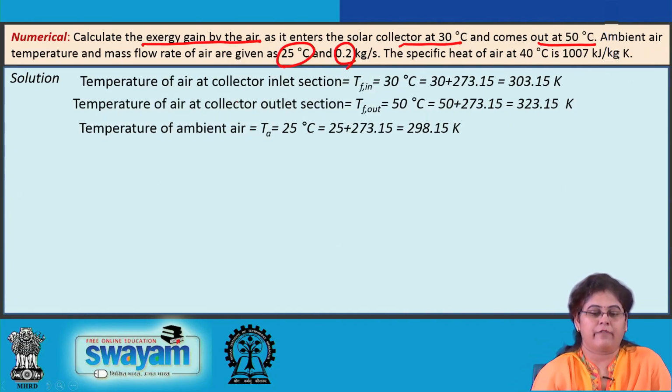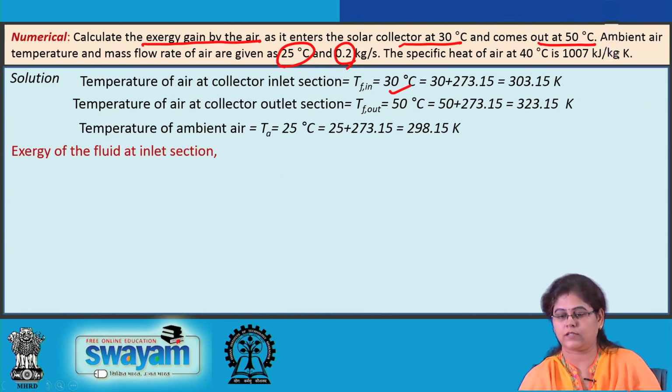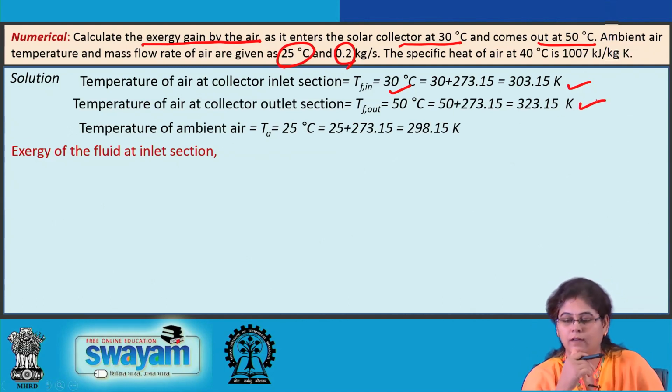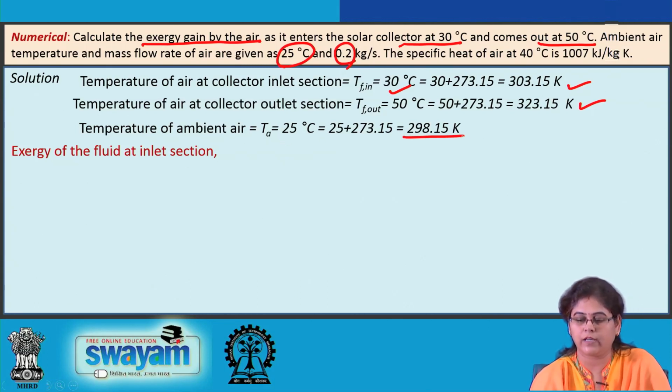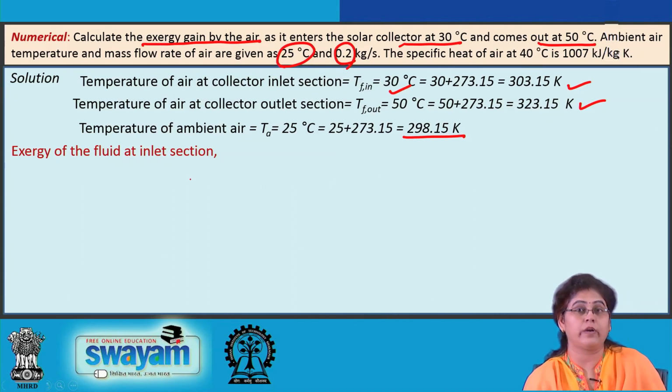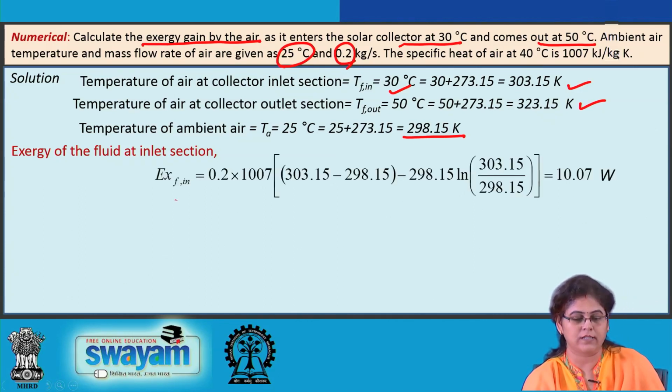So, the temperature of air at the collector inlet is 30 degree, which is 303.15 Kelvin. At the outlet we are getting 323.15 Kelvin, and the ambient air temperature is 25 degree centigrade, which is 298.15 Kelvin. So, the exergy of the fluid at the inlet section is represented by the mathematical expression which we have seen previously for the collector system.